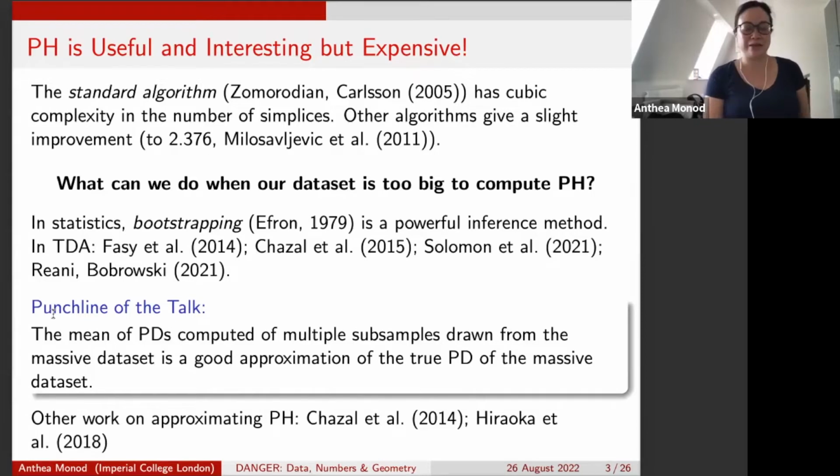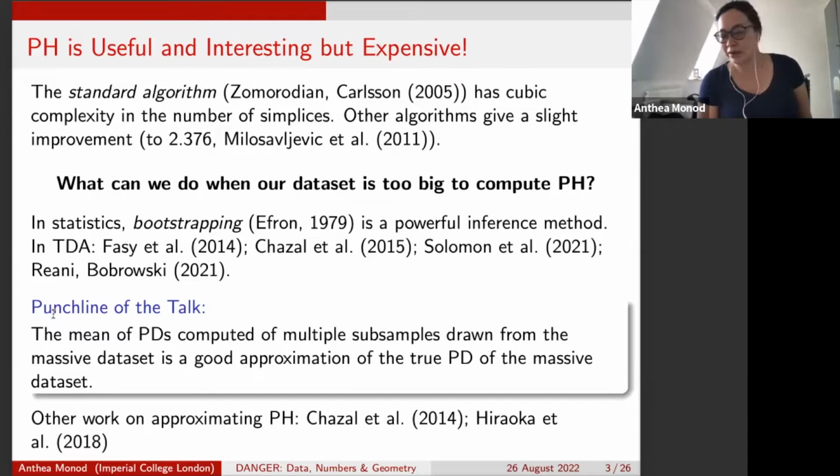So in 1979, Bradley Efron introduced the notion of bootstrapping, which is extremely powerful and since then has become an incredibly popular inference method. I'll talk more about that later, but for completeness, this idea of bootstrapping, of multiple subsampling from your data, has already been used in TDA in a couple of instances.